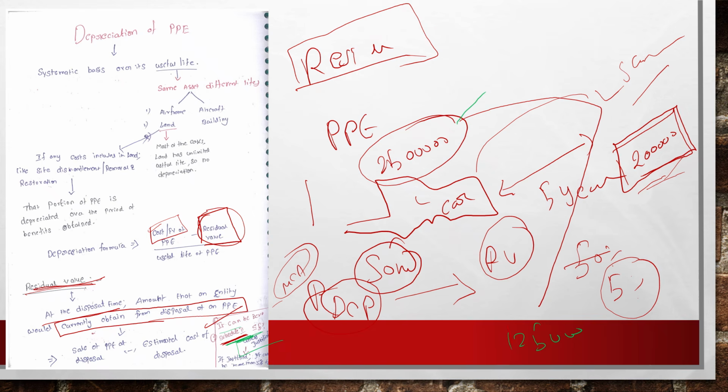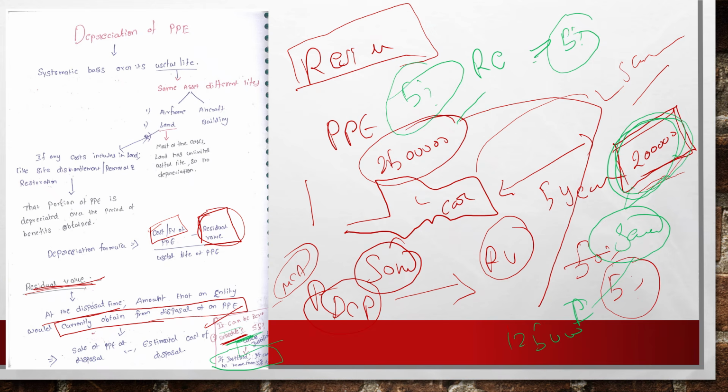But if you are able to justify that I can sell this car at 2 lakhs, and I have a secondary market as of today's date, and with inflation and everything, I can easily get 2 lakhs in the secondary market, if you can justify that, then you can value your residual more than 5% also.